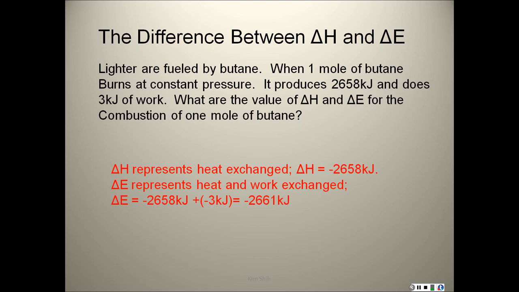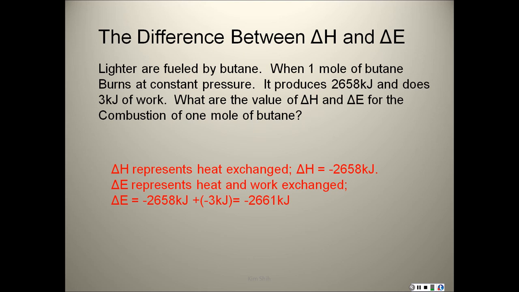Okay? For delta E, we have taken into consideration both heat and work. So remember, when we talked about delta E and Q and W, we were deciding, is Q positive, is Q negative, is W positive, is W negative? When heat is lost from the system, exothermic, Q is negative.